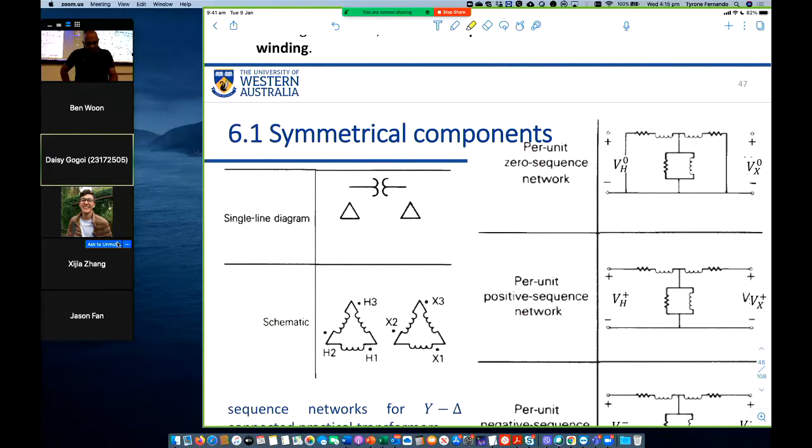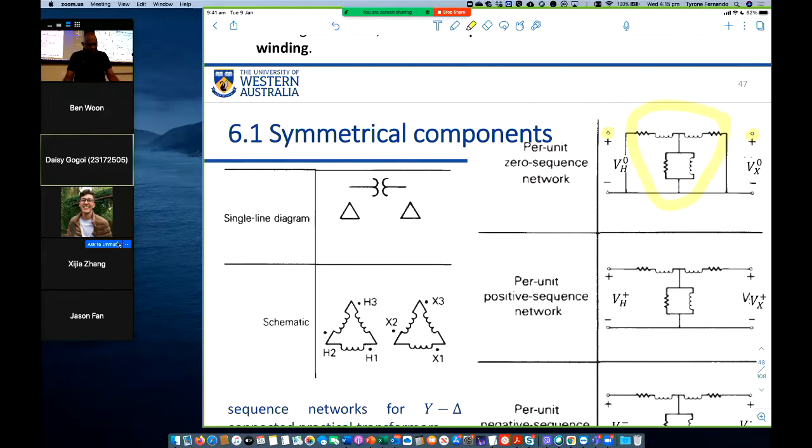So here is a delta-delta connection. Again, this is the transformer equivalent circuit. For zero sequence currents, there is no connection from neutral to ground, so zero sequence currents cannot flow into or out of the transformer. That's why the primary terminal here and secondary terminal here are not connected to the equivalent circuit of the transformer.